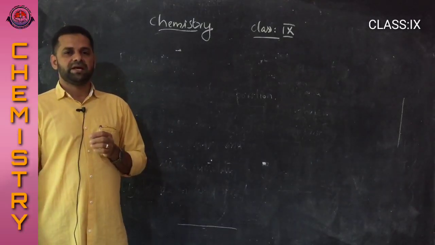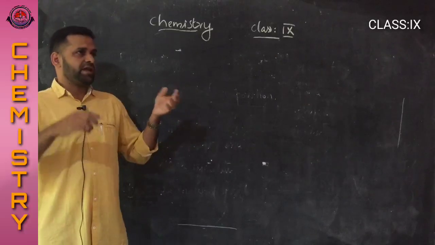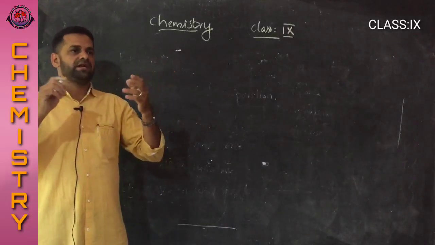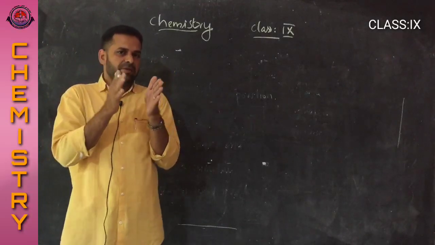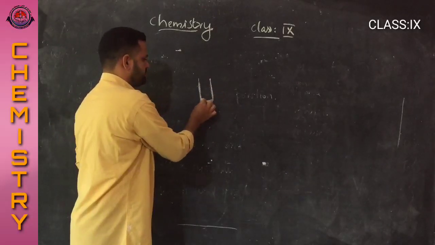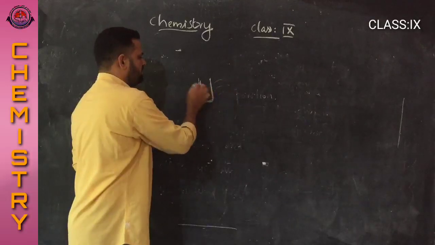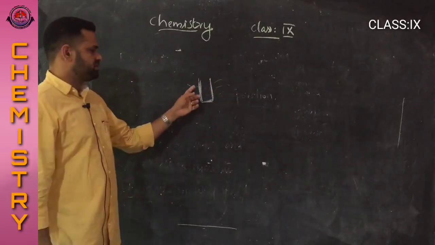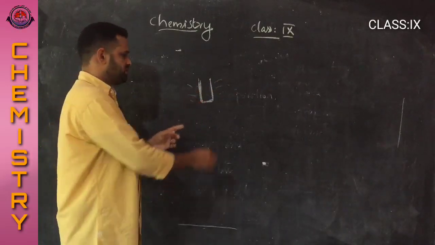The reason is that water vapors present in the atmosphere come in contact with the surface. If this is a glass tumbler with ice cold water, it is a cool surface.